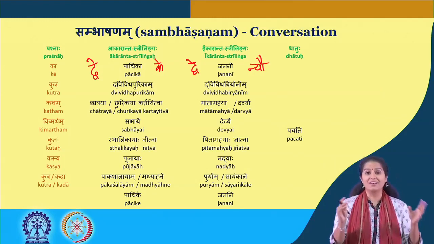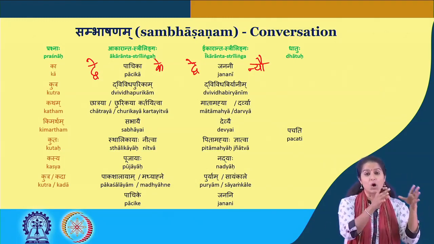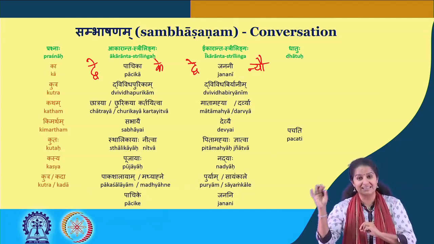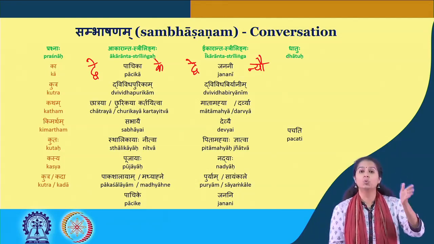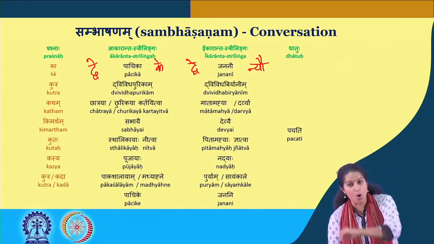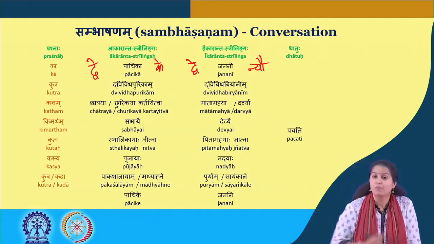Alright, so very interesting. With the Purusha we had tau dvau purushau and dve mitre. Here we have dve pachike but dve jananyau. Alright, so remember that. Moving on.